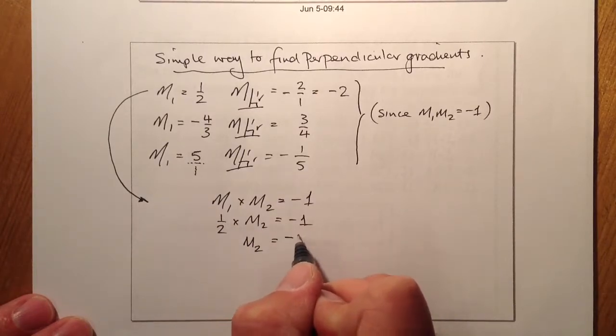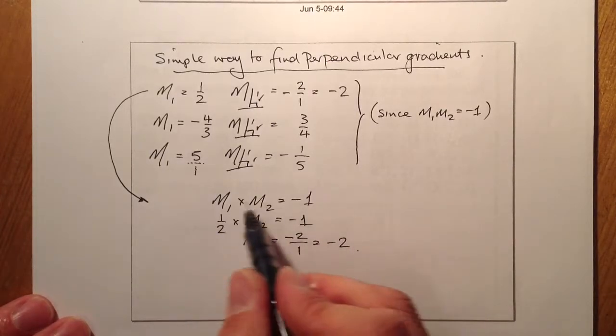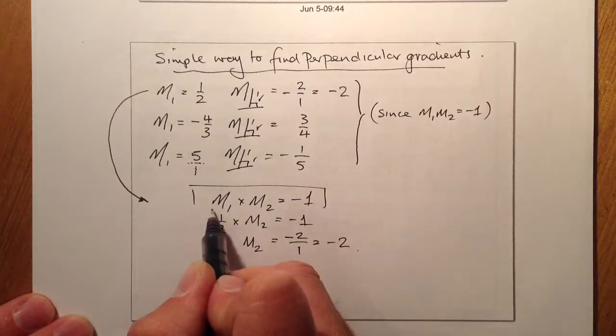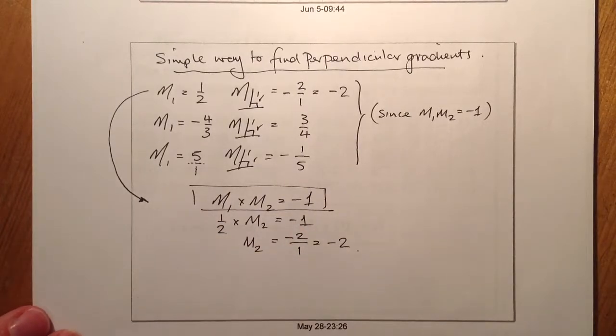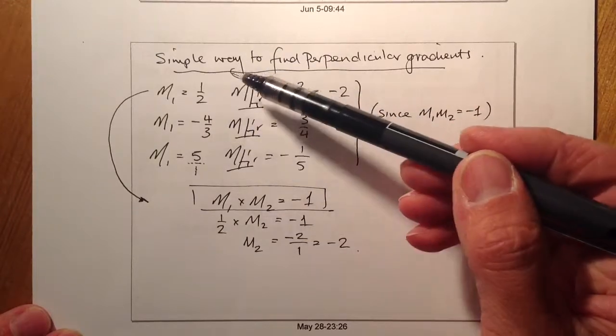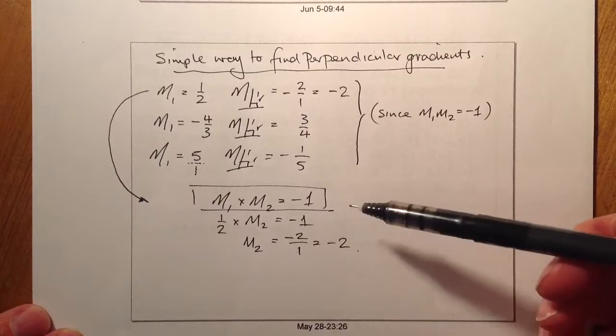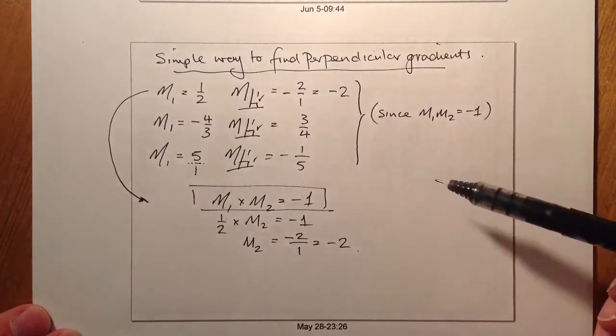So that will give me -2/1, which gives me -2. So just using the property of a perpendicular gradient. So a very simple way, as I say, is just flip the fraction over and change the sign. That would be an easy way of finding perpendicular gradients.